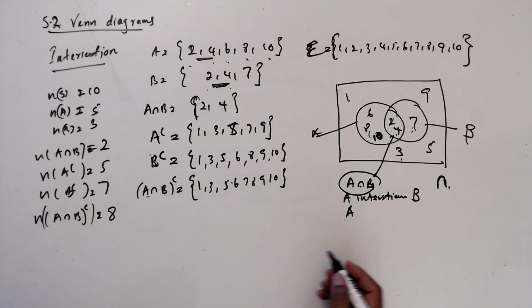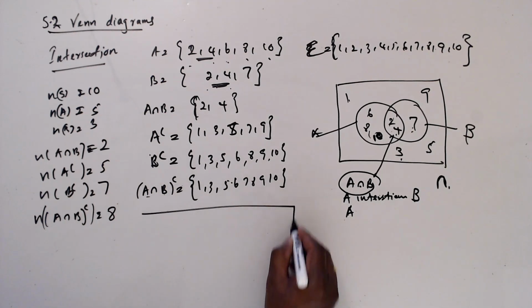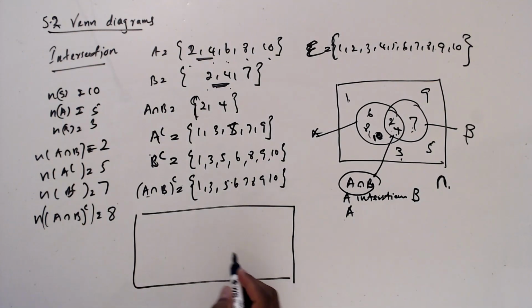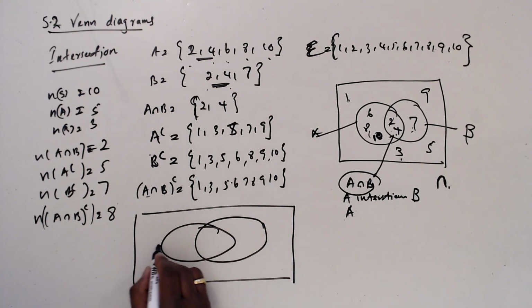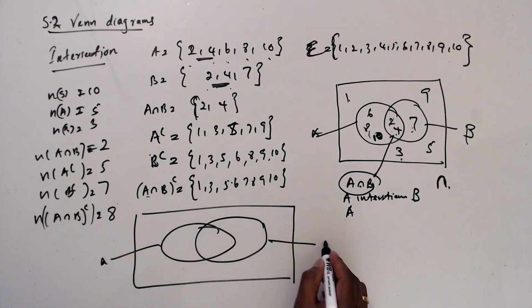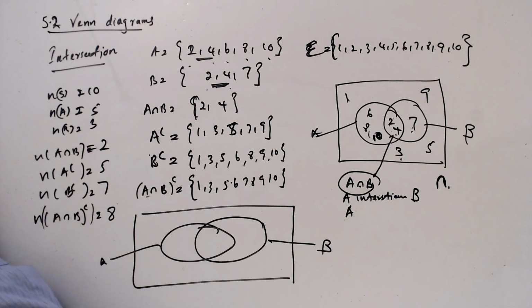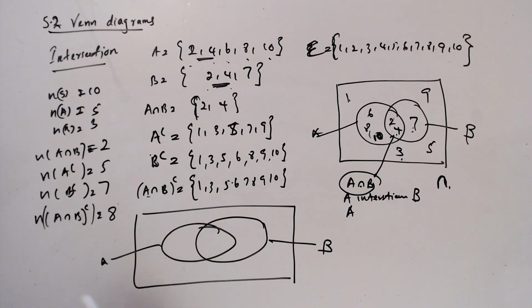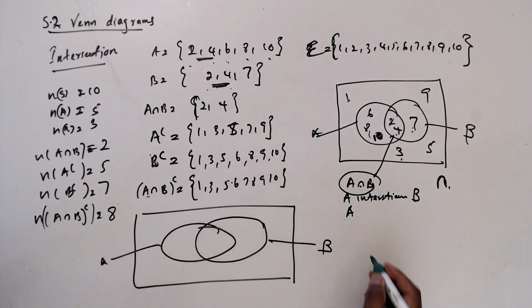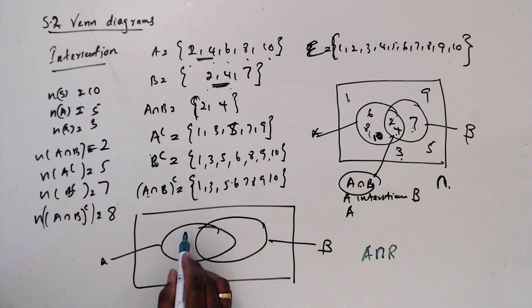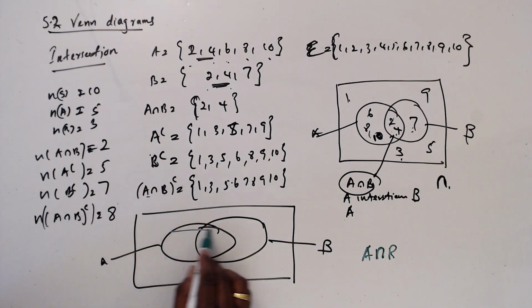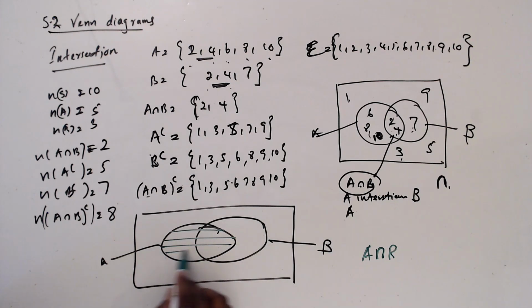Intersection we usually identify like this. This is the universal set. This is A, this is B. We can use two patterns to mark them, since we are going to find A intersection B. You may need this knowledge. So we mark A, then we mark B with a different pattern.